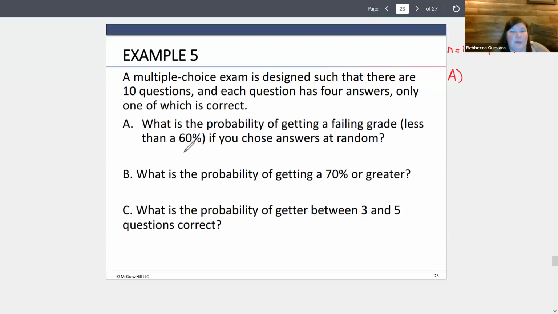So my first question is, what's the probability of getting a failing grade, which is less than 60%, if you choose answers at random? So this is the probability that X would be less than 6. 60% is 6 questions.